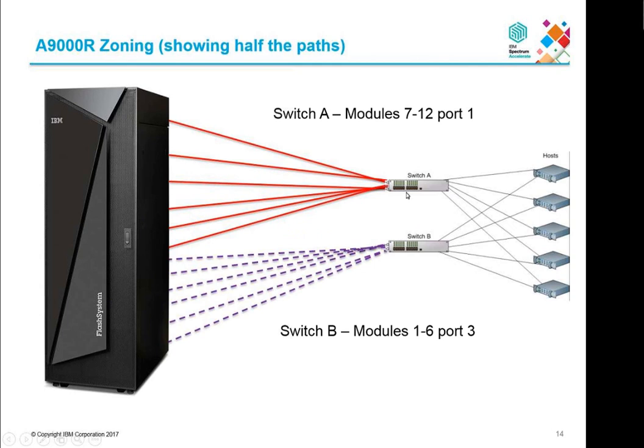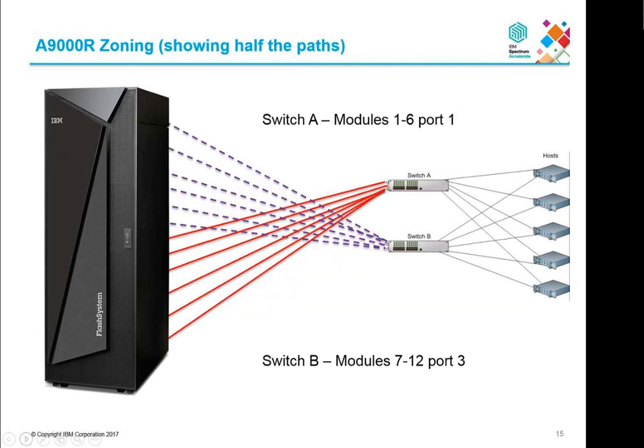Half the picture is for half of my hosts. I go through switch A and pick up modules 7 through 12, port 1, and they pick up modules 1 through 6, port 3. So I've got redundancy. Even if I lose a fabric, I haven't lost all of my paths. I've only lost half of my paths. And then for the other half of the hosts, I flip that picture.